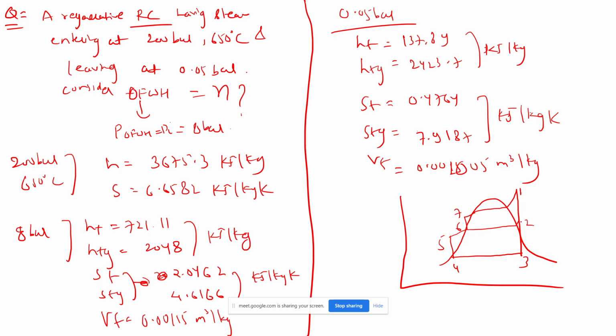So at this point we don't know whether it is superheated or saturated. That also we have to calculate.